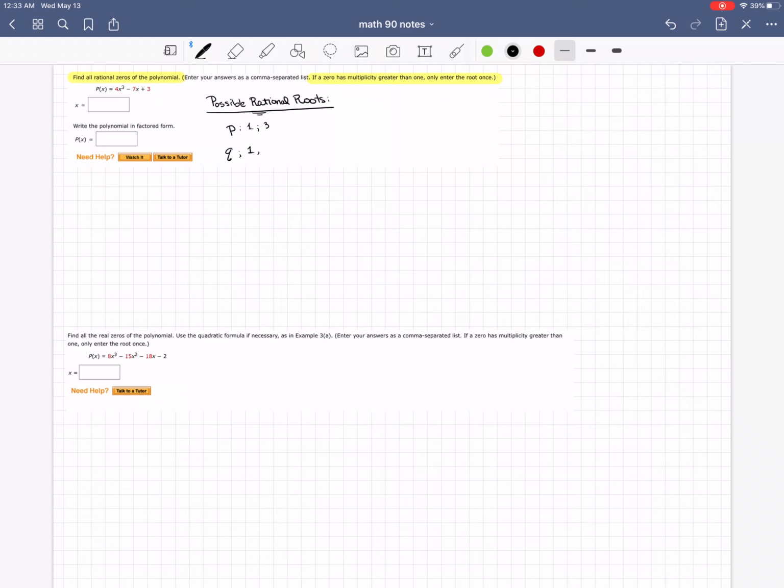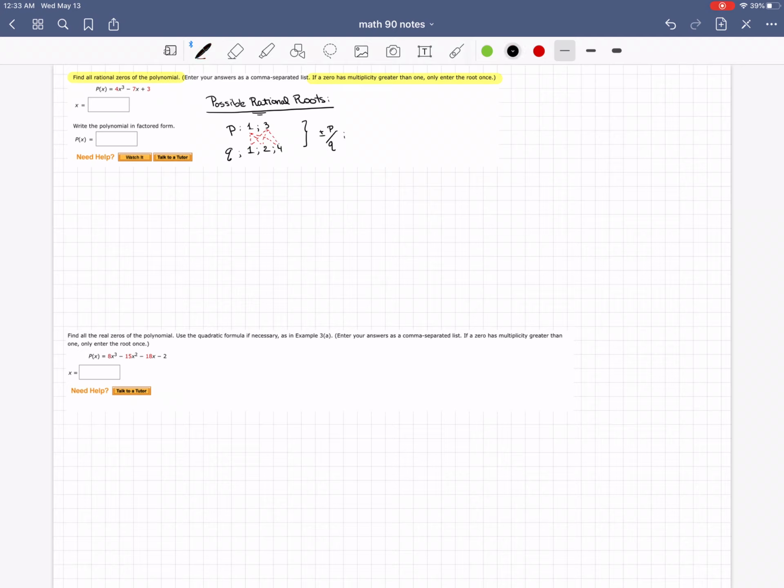So for q, we have 1, 2, and 4. So now let's do plus or minus p over q, and you'll remember that in the previous lesson I suggested that you be methodical about this. So p over q, take every value in p and divide it by every value in q.